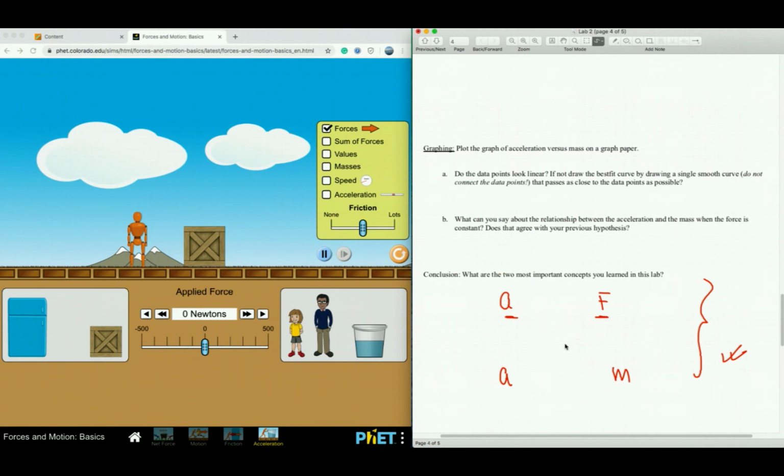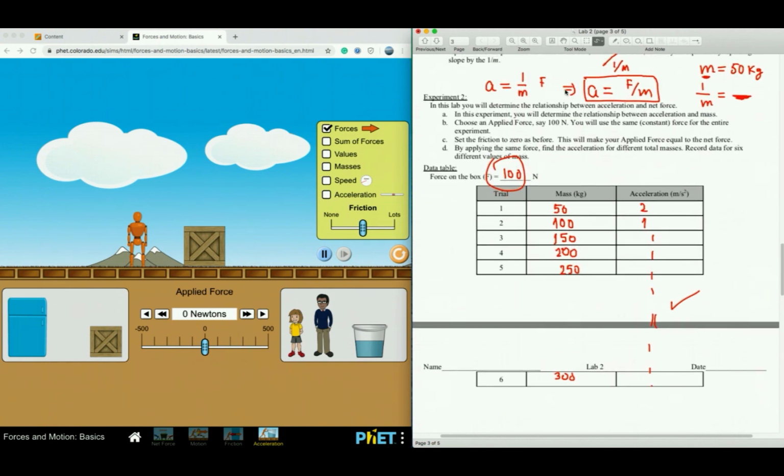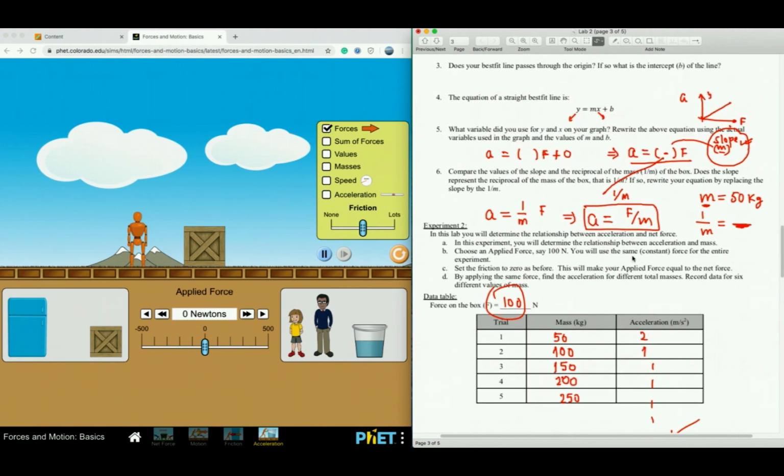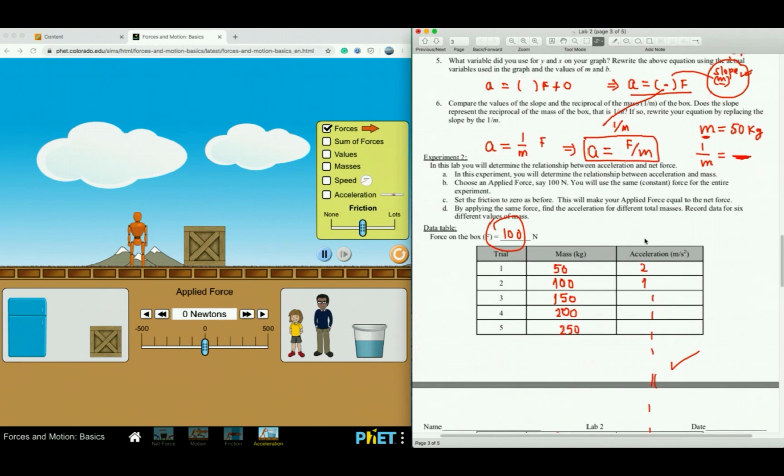So you write down your results and the answers to the questions in this sheet, and then you take a picture of this sheet. If you write this in Word, you can save this document in Word, and then you can email this to me. So email this once you're done.